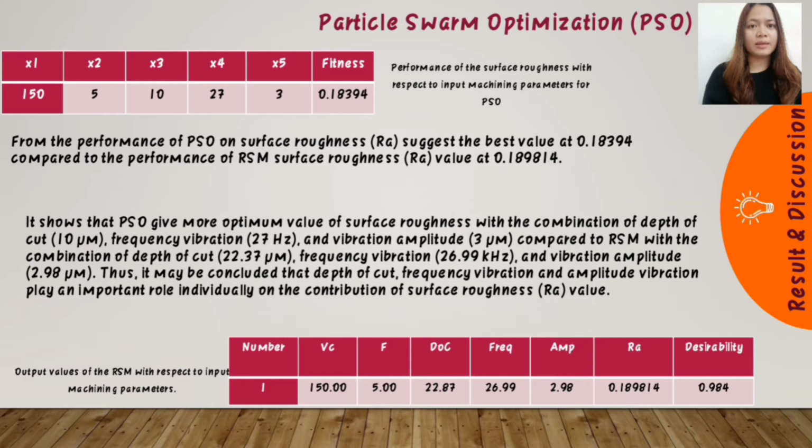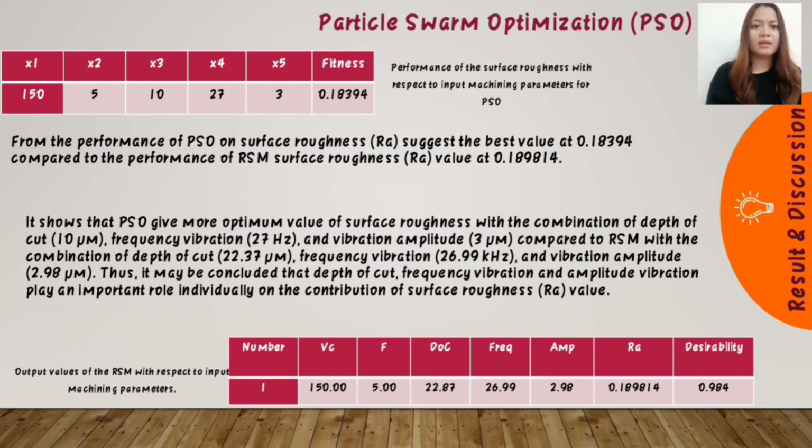The particle swarm optimization. The upper table indicates the PSO and the table at the bottom indicates the RSM result. The performance of PSO on surface roughness suggests the best value of 0.18394 compared to the RSM surface roughness value of 0.189814.